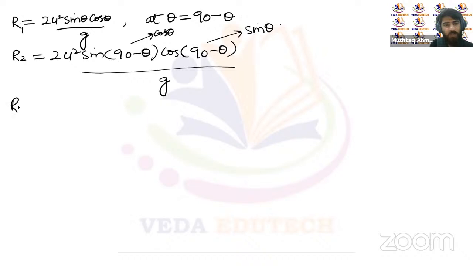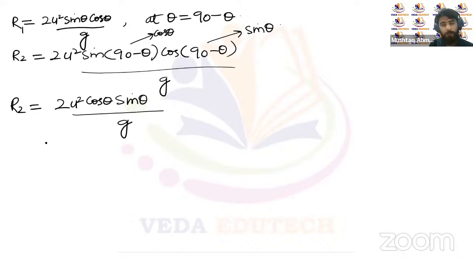So we can replace it with this. We'll be left with 2u square cos theta sine theta over g, right? Let me call this first and this second.